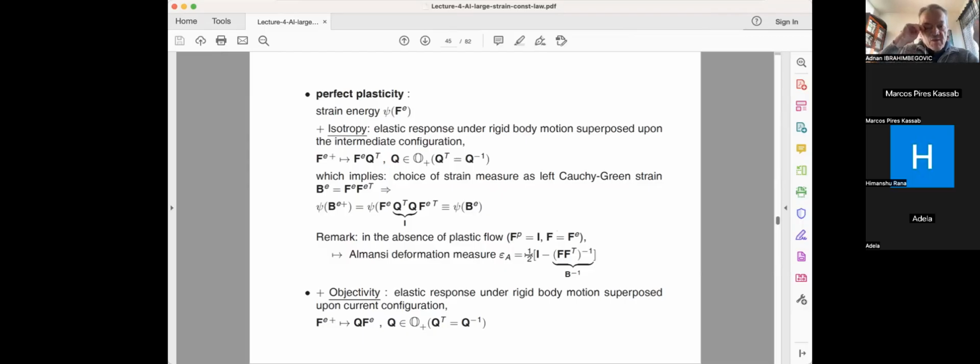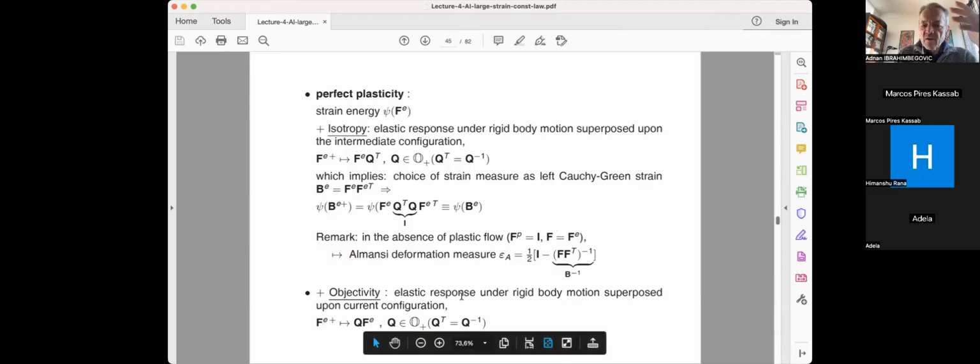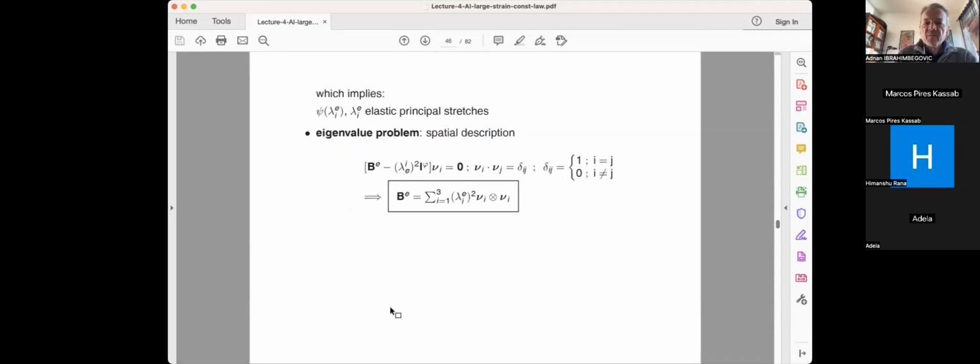Then the second one is objectivity of the elastic response under the rigid body motion superposed upon the current configuration, in which case you have to have Fe transform in the proper way from the changing look on the deformed configuration with the rigid body rotation Q. So Fe plus, that means the rotated configuration, should be equal to Q times Fe.